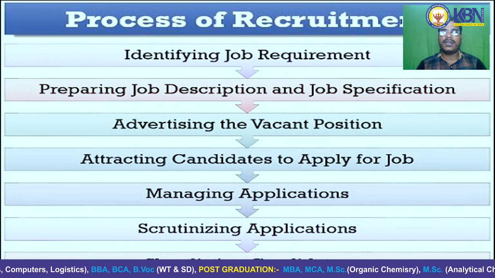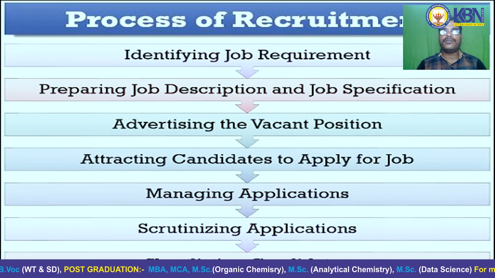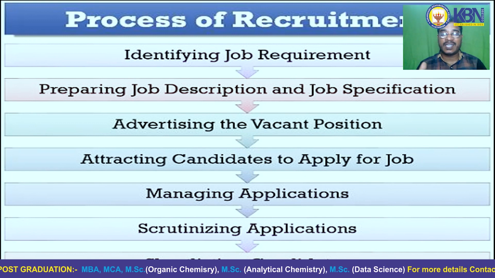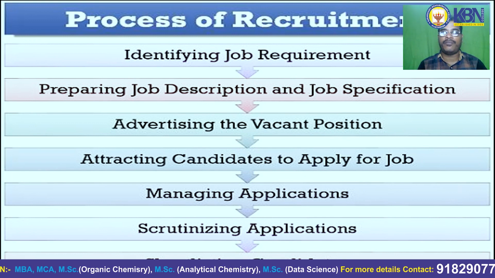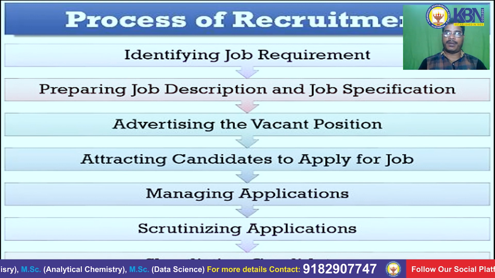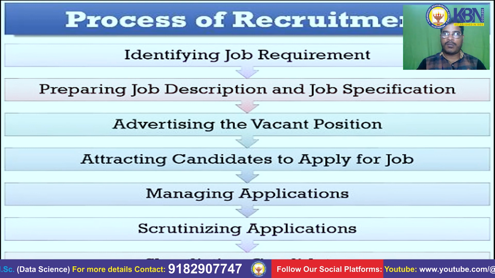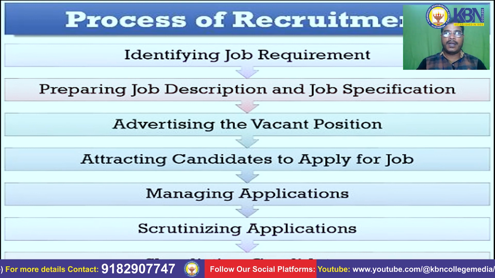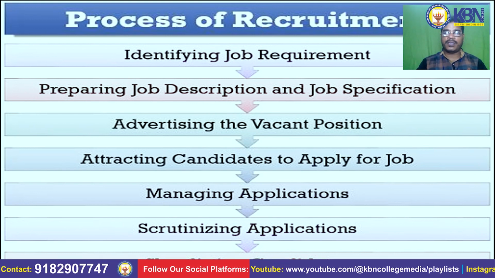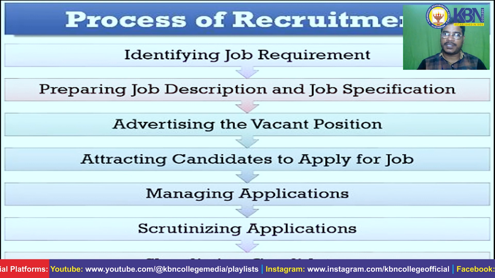So now let us find out what the process of recruitment is. Firstly, when you are going to search for a candidate for a particular job vacancy, we need to identify the job requirement. We need to see whether the job opening is there or not. And after identifying the job requirement, we need to prepare a proper job description and job specification.